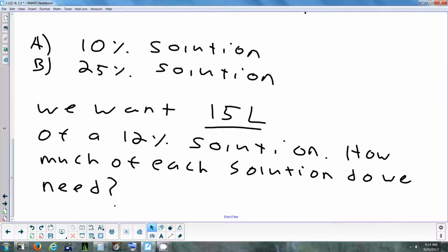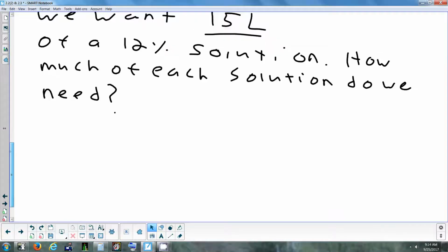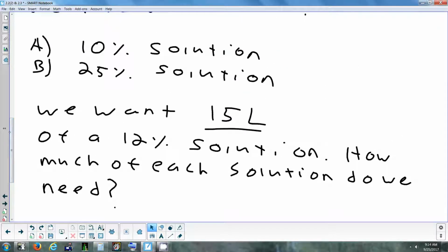This problem is going to lend itself to using two variables, and I've already kind of picked them: use A for the 10% and B for the 25%. First of all, can somebody give me an equation representing the total amount of solution? Something with just the 15. We're going to ignore the percentages for now.